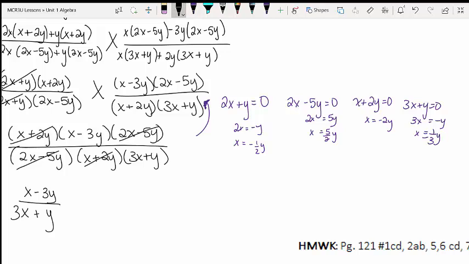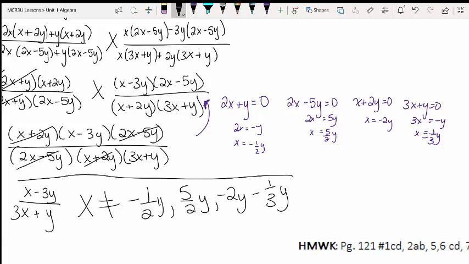So our restrictions are x cannot be negative 1/2 y, 5 over 2y, negative 2y, or negative 1 over 3y. So that's our simplified version with our restriction.